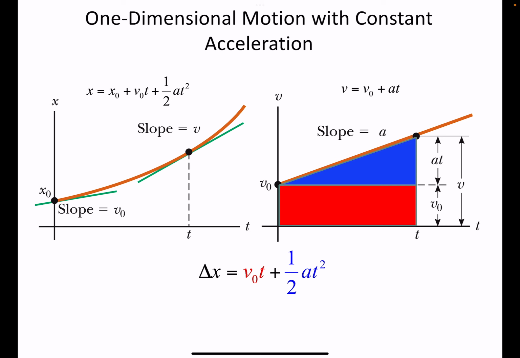The red part gives us v0 times t, the change in position due to the initial velocity, and the blue triangle part gives us the change in position due to acceleration.